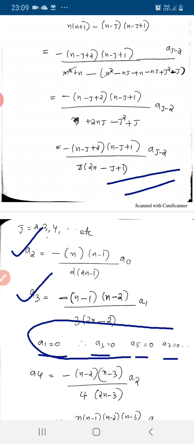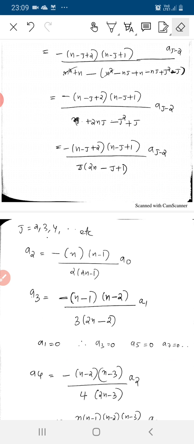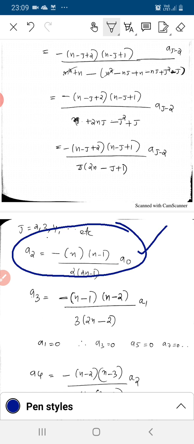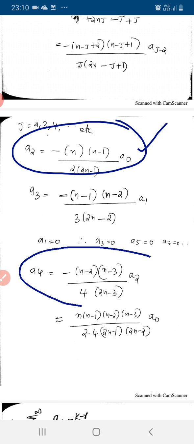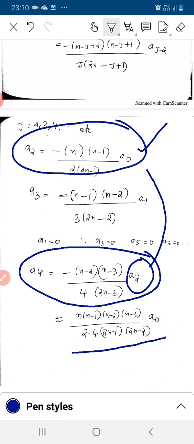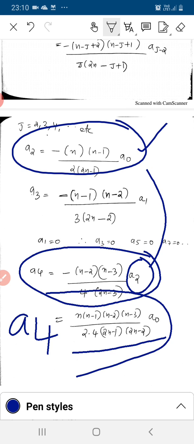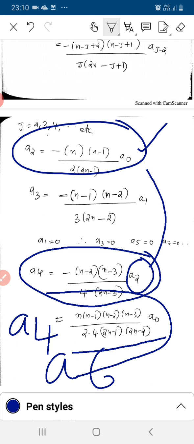All these coefficients are 0, and a2 is this in terms of a0. So a4 is given by this. Here for a2 we substitute this, so we have a4 in terms of a0. In this way, if we continue, we can find a6, a8, etc.